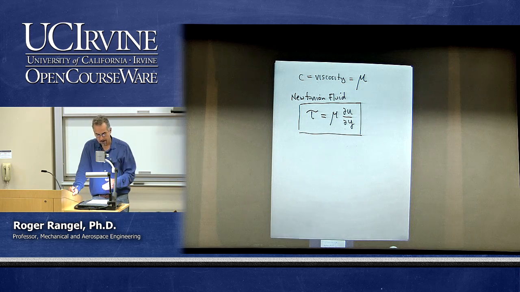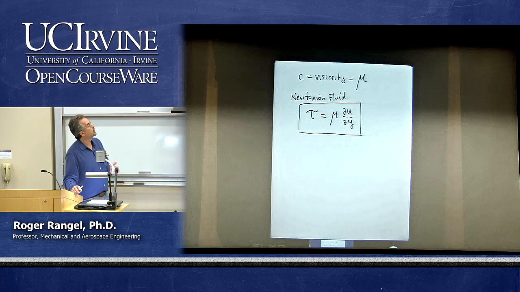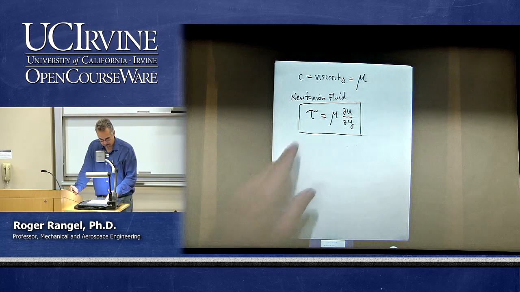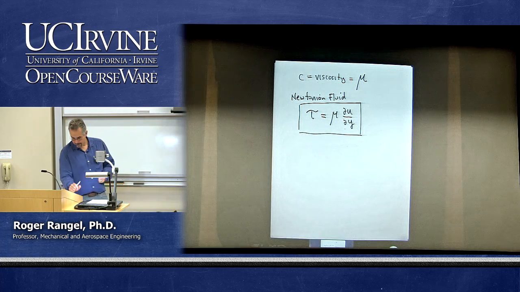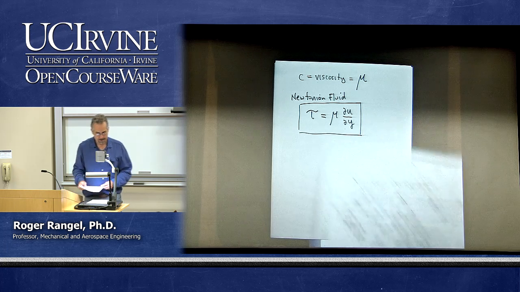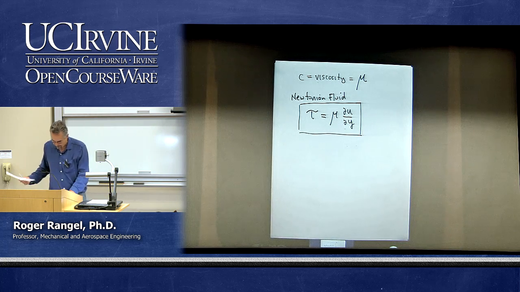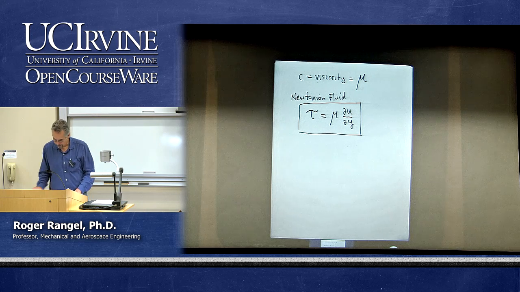It's just that there would be more than one shear strain rate, not just du dy, and there would be more than one shear stress, not just this tau that we define by taking this force and dividing it by the area. But for the time being, this is sufficient for us.